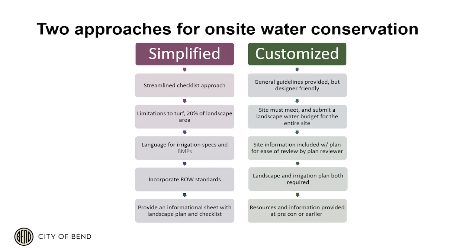So it still allows for maybe a planted buffer with drip around the edges, but really pushes that overhead irrigation and those high water need plants toward the center of the landscape and away from the street and any other conduit that would move runoff off the property.